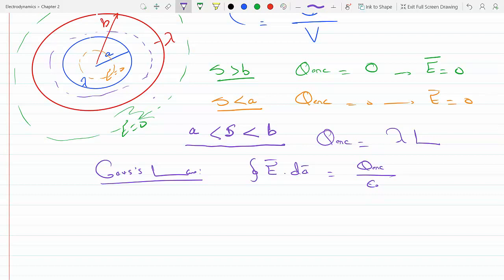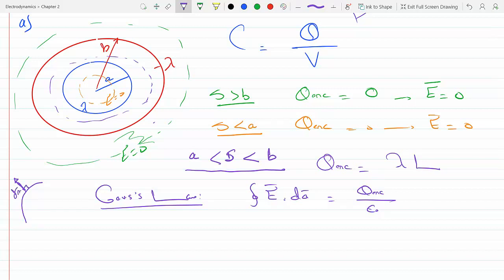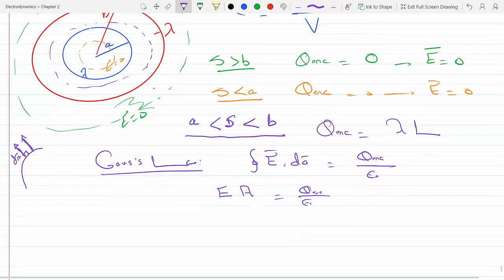And again, this is a dot product between the two vectors, but because of symmetry on a cylinder, dA vector is perpendicular to the surface, but E is also perpendicular to the surface, so those two point in the same direction, so E can come outside the integral, and this simply becomes EA equal Q enclosed over epsilon, right?